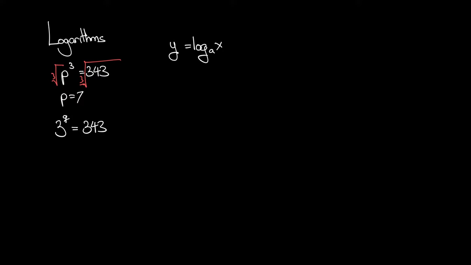So watch this, guys. I'm going to use different colors here so you guys can see it. Y is equal to the log base a of x. If I was to convert it over to our exponential form, here's what that looks like.